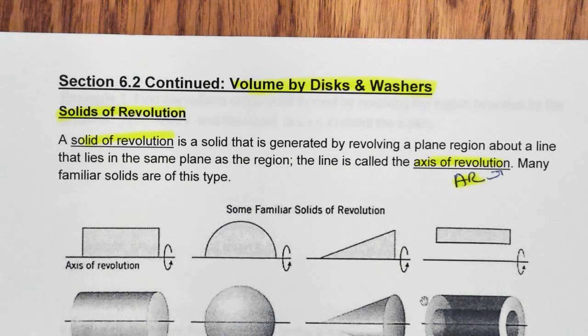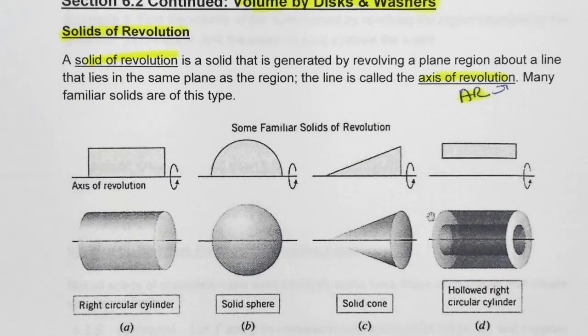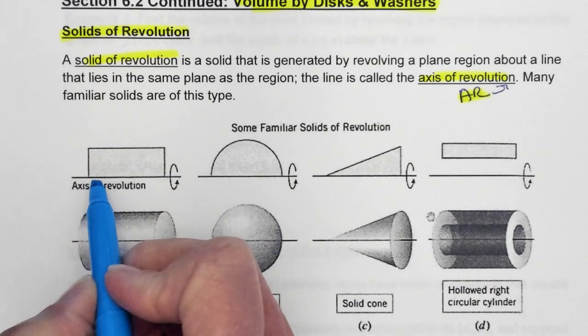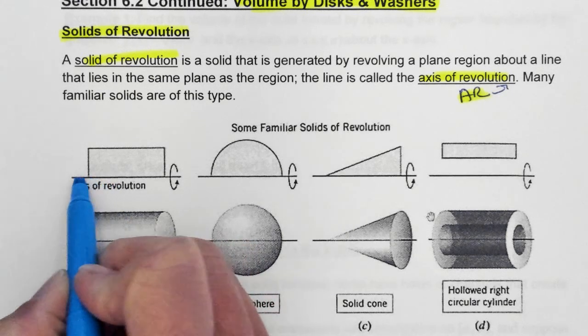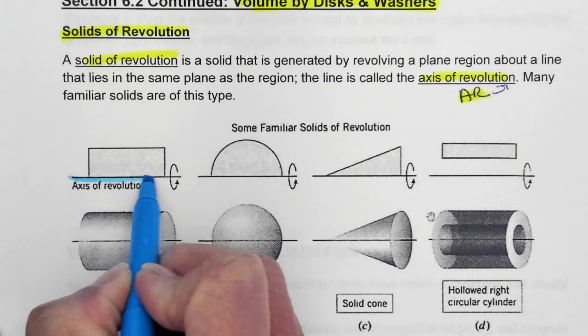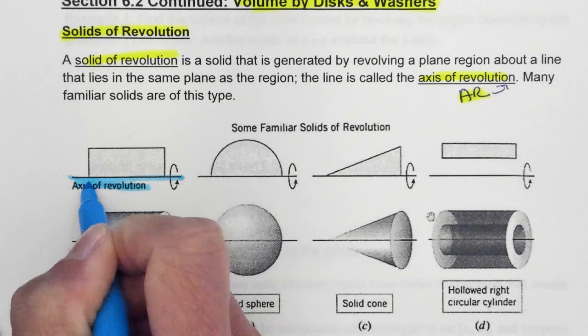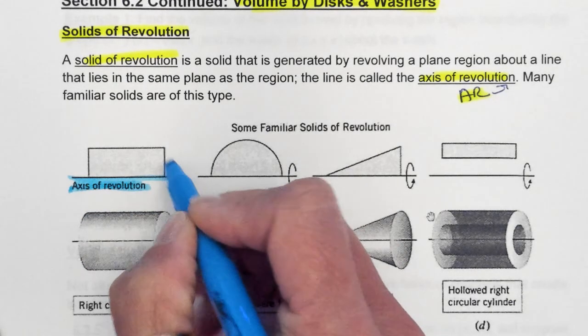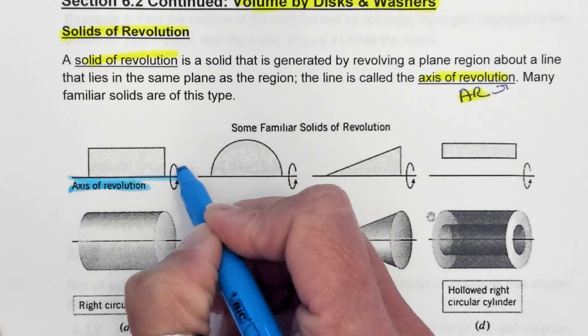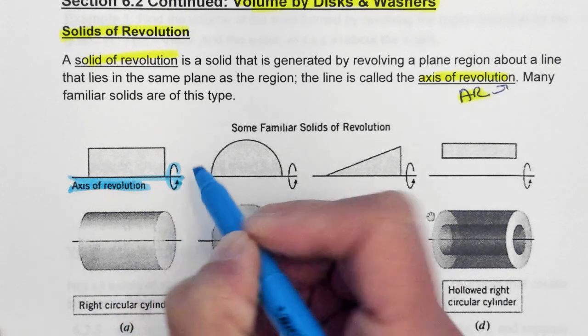So first of all, to determine if you have a disc or a washer, the solid that you are revolving around the axis of revolution is going to be adjacent to that axis of revolution. In this case right here, this is my axis of revolution. What we're going to do is take this rectangle and revolve it all the way around.